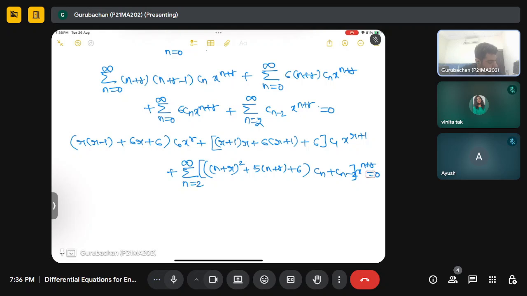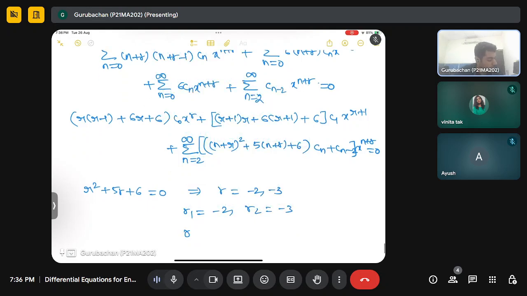So this will give you the indicial equation r square plus 5r plus 6 equal to 0, and r will be minus 2 and minus 3, and you will assume r1 to be minus 2, r2 to be minus 3. Now r1 minus r2 will be 1, which is an integer.